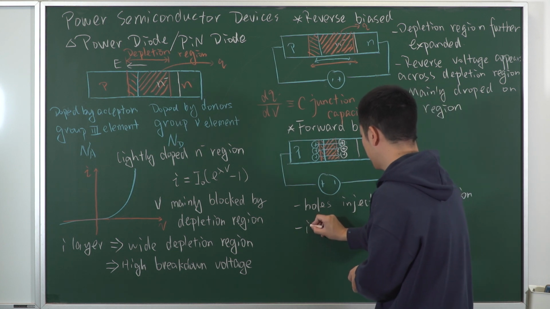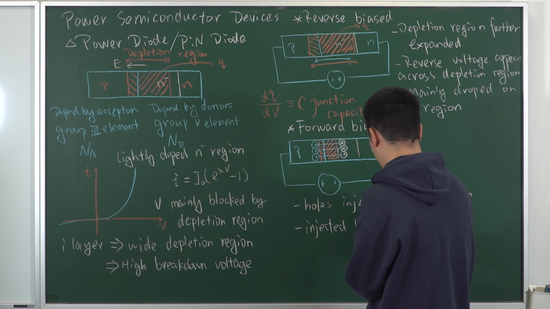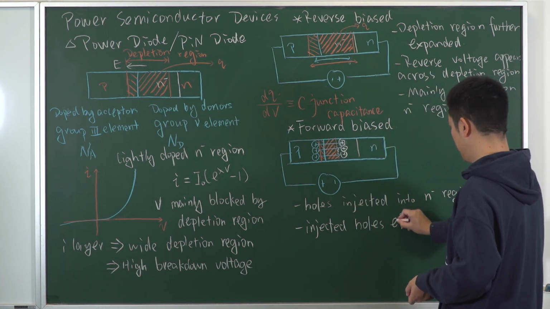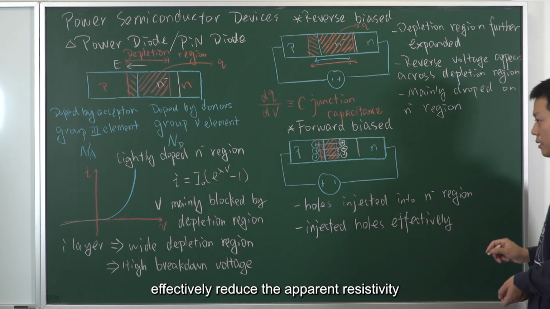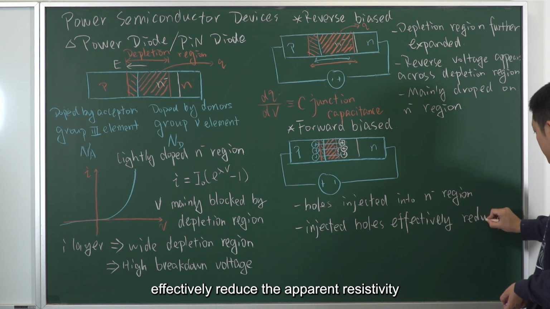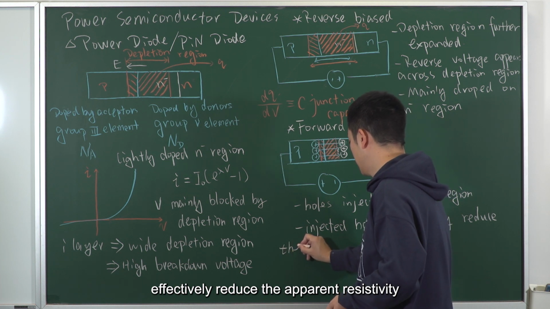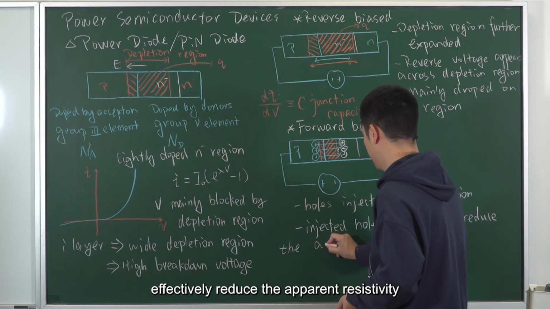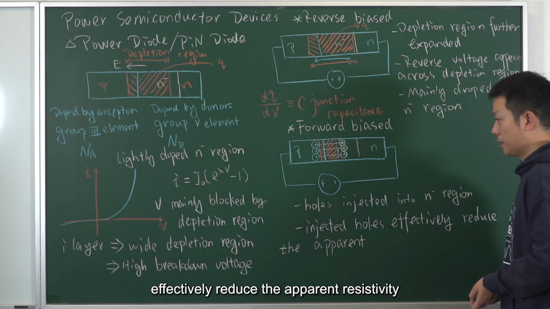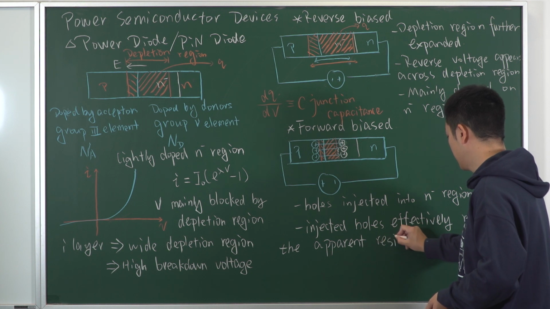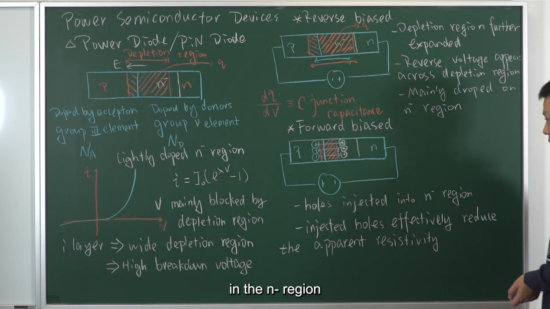So the injected holes effectively reduce the apparent resistivity in the N minus region.